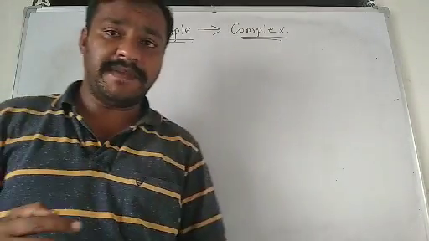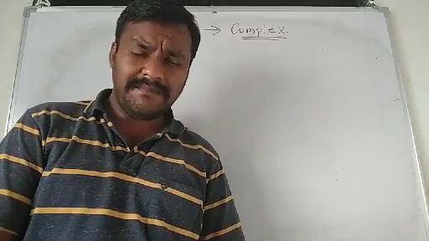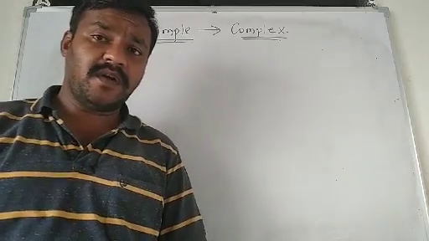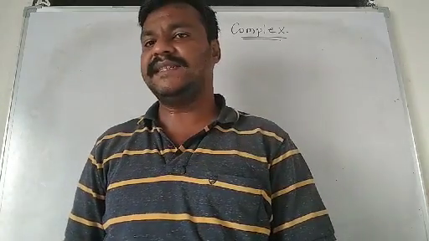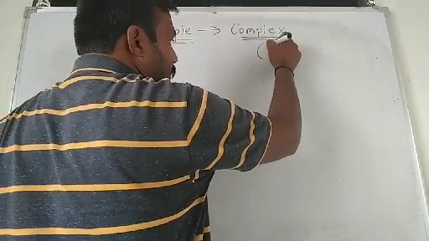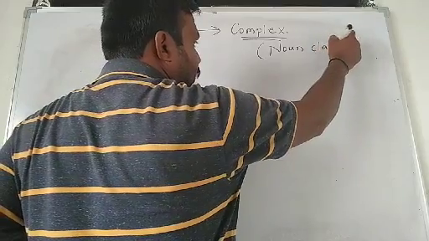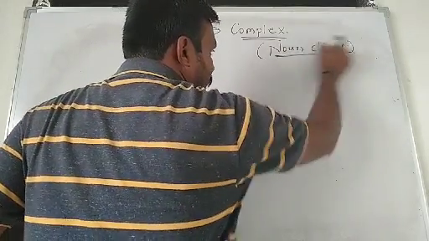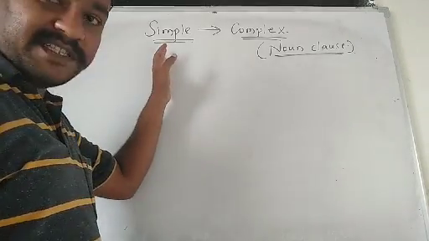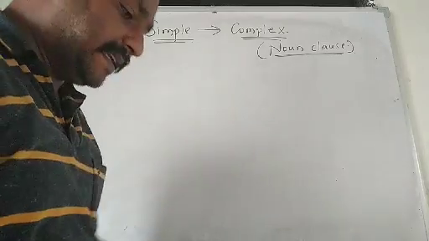A complex sentence contains one main clause and another subordinate clause. That subordinate clause may be a noun, adjective or adverb clause. In this type we will discuss how to add a noun clause as a subordinate clause. Our purpose is to change simple sentences into complex sentences.